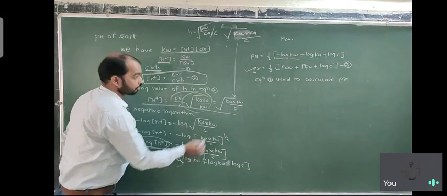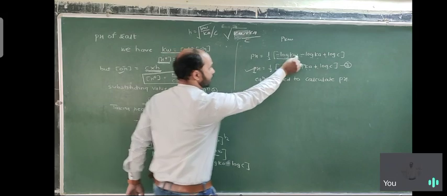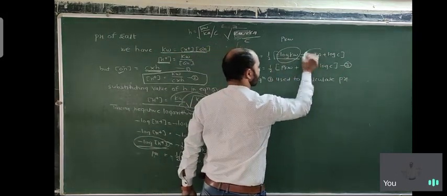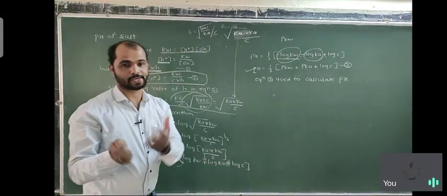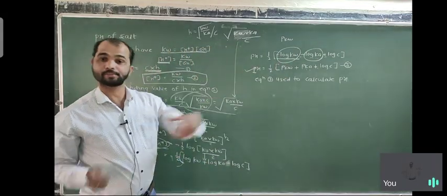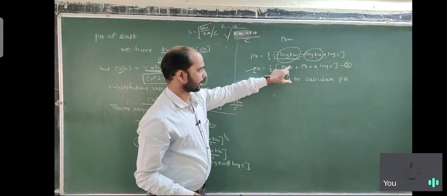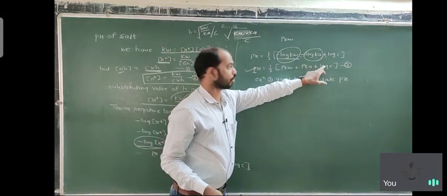So minus log of Kw, minus log of Ka, plus log of C, and you know these values. Minus log of Kw means pKw, minus log of Ka means pKa. So we get pH is equal to 1/2 of pKw plus pKa plus log of C.